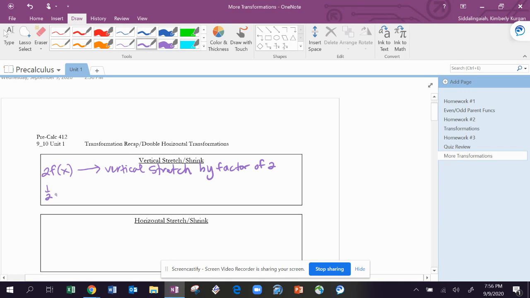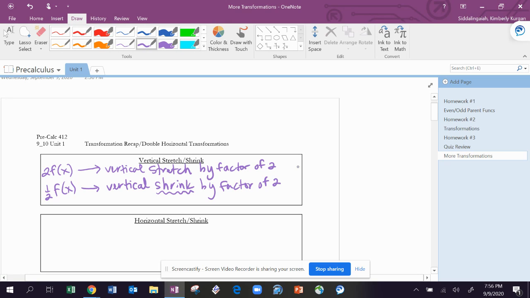If I have 1/2 times f of x, what I have is a vertical shrink by a factor of 2. You don't have to say 1/2 because we're already saying it's shrinking, so we know it's getting smaller.